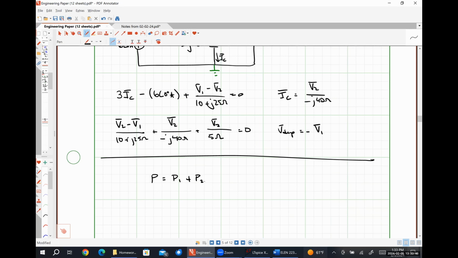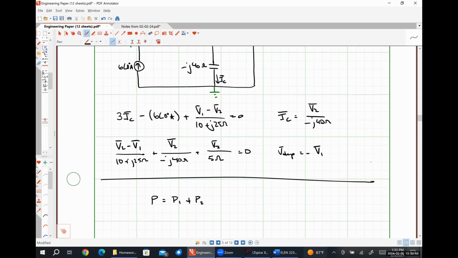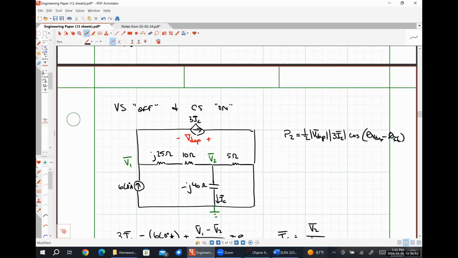The average power is just the DC part, and that's literally just these relationships. So you don't need to waste the time finding the instantaneous power and then only finding the DC parts. We know all of the AC bits aren't going to contribute anything.